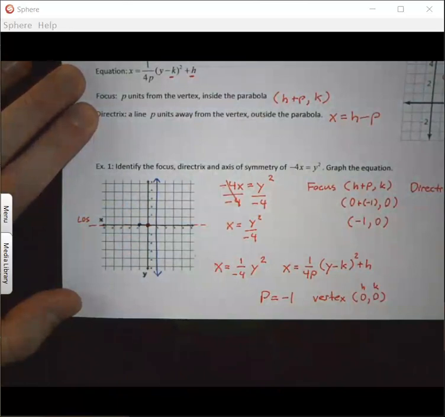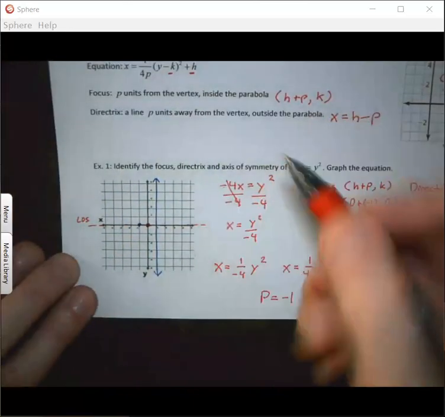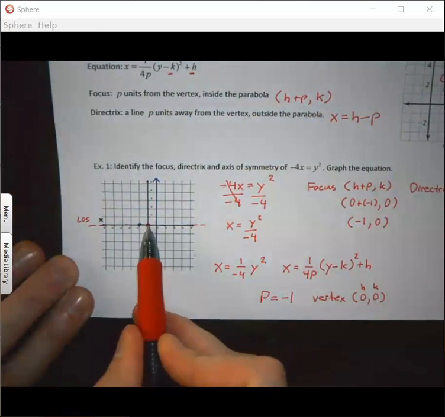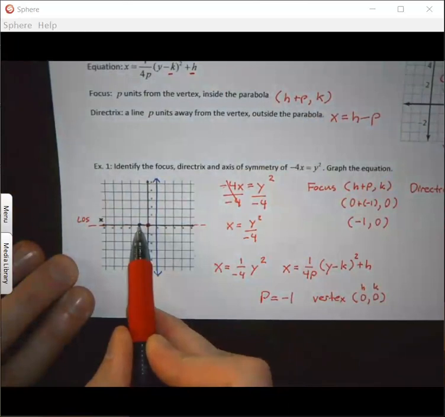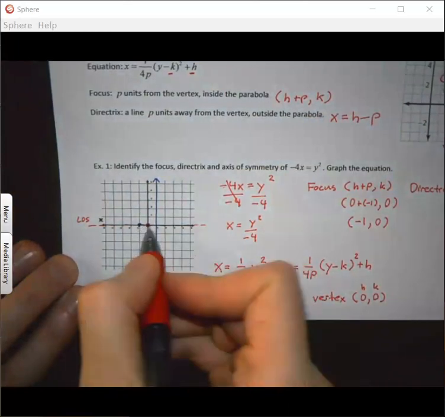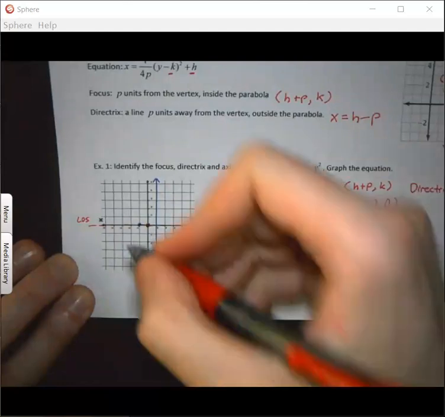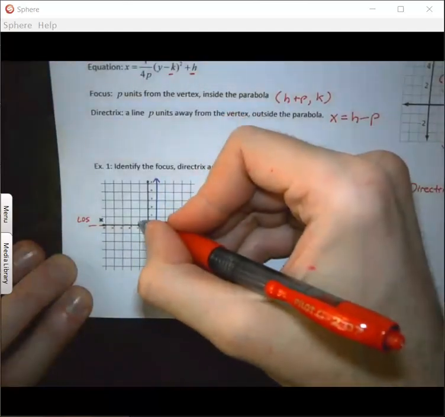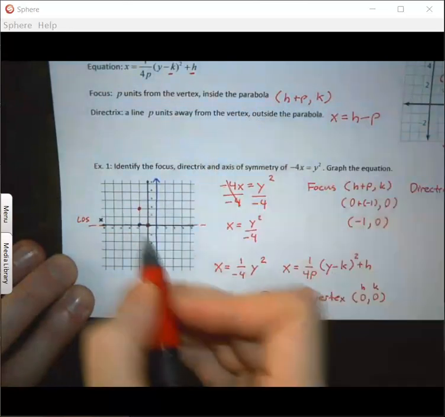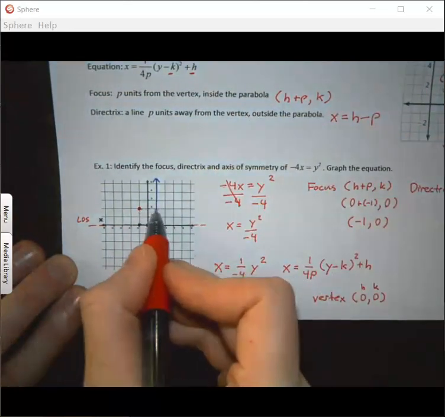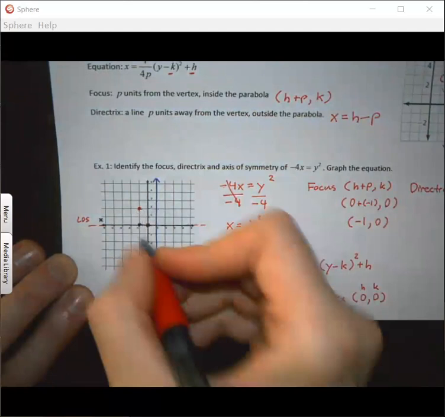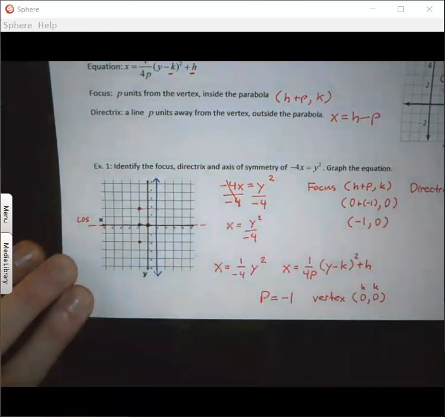Remember, the distance from any point on the parabola must be the same to the focus and to the directrix. So we can see here it is 1, 1. If it goes straight up 2, straight down 2, that's the same distance. So that point must also be on our parabola.